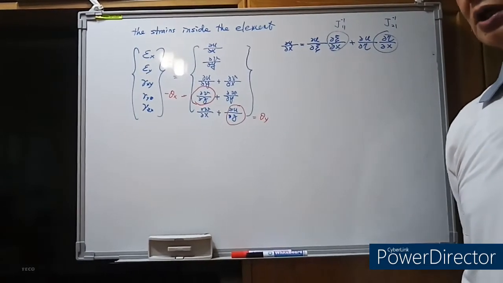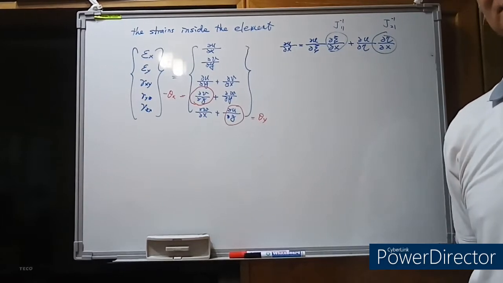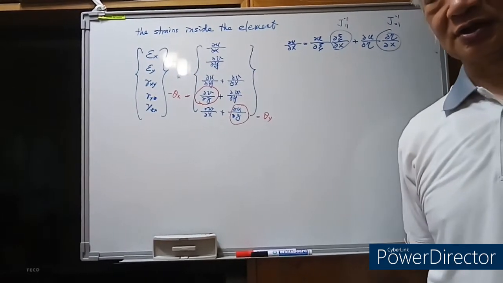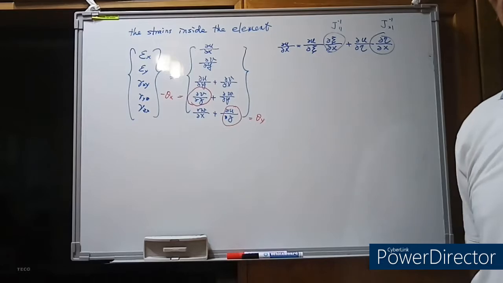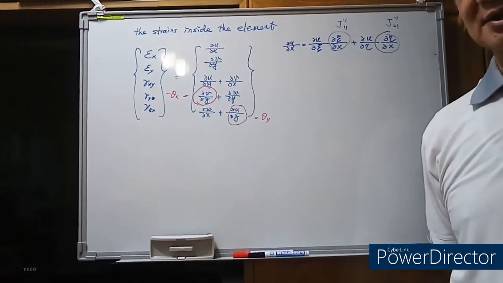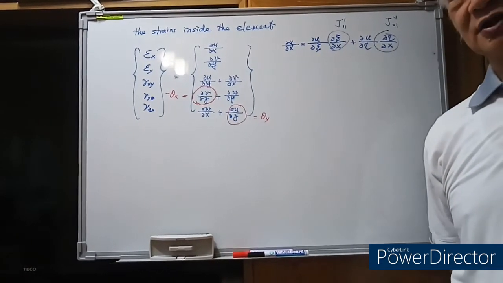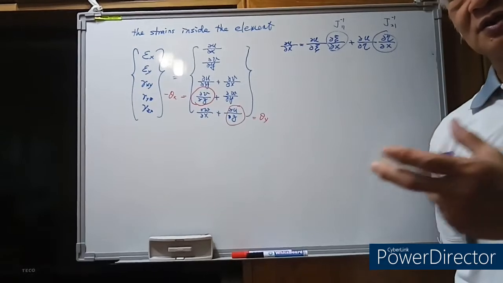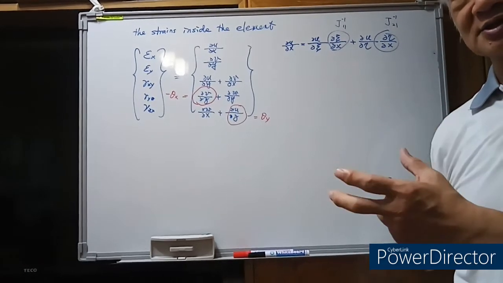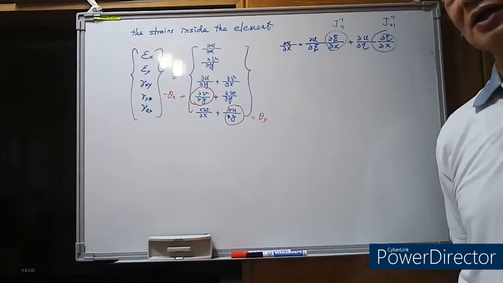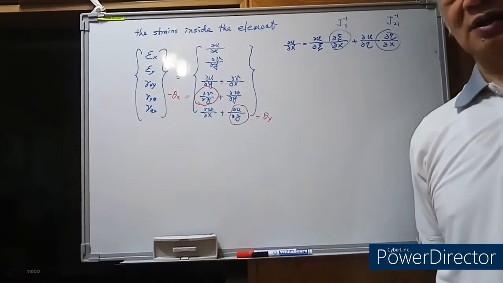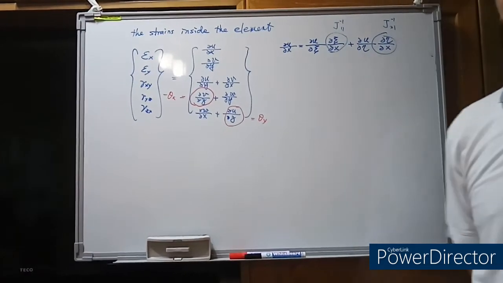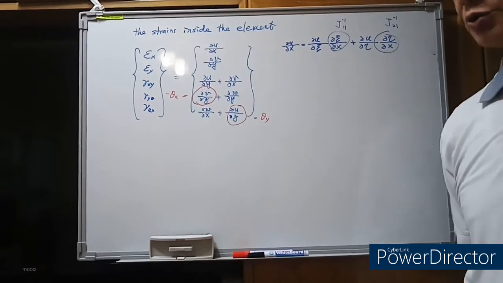We need to send the input nodal coordinates xi and yi to the master element. After the master element gets the nodal coordinates xi and yi, then we can calculate the elements in the Jacobi matrix, and they are all real numbers.